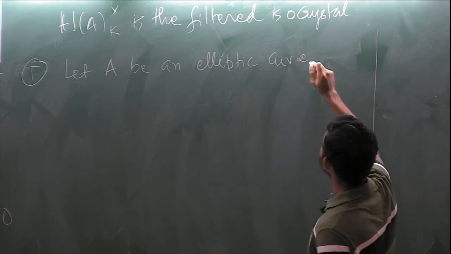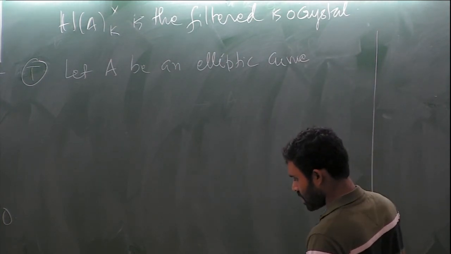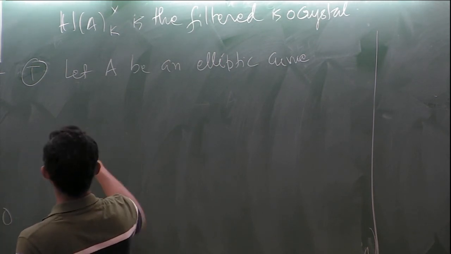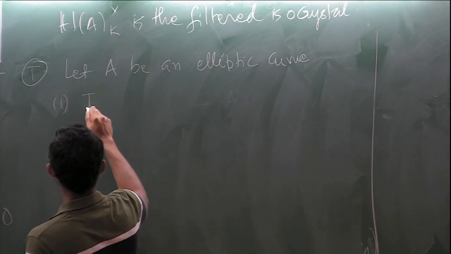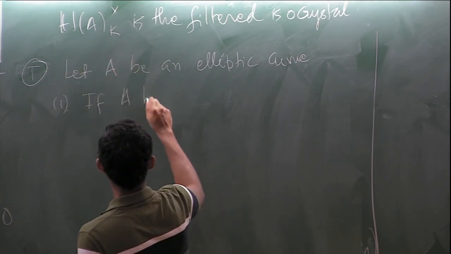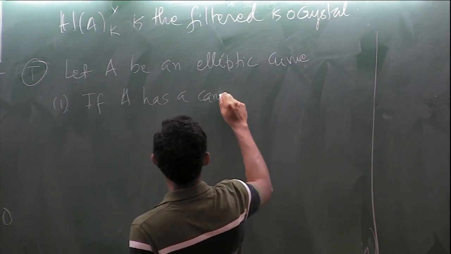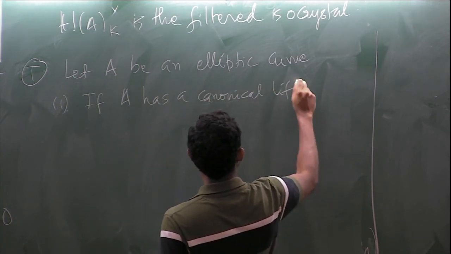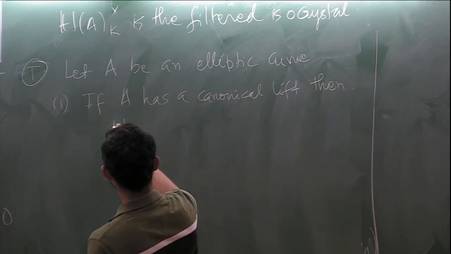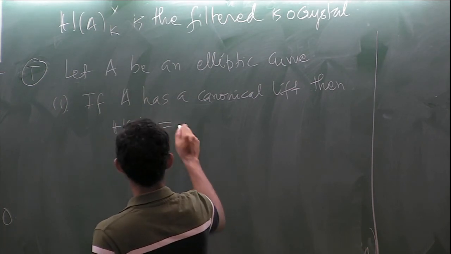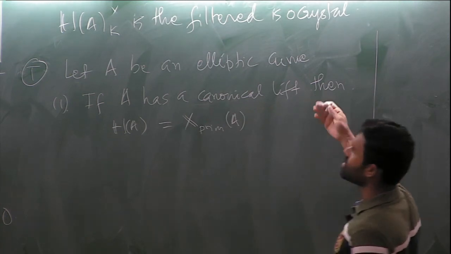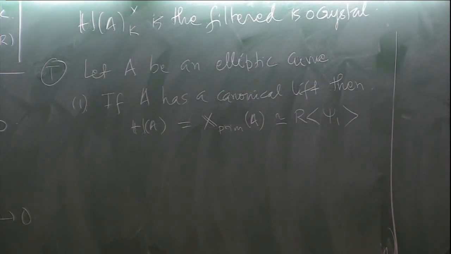So in the case of an elliptic curve, one can actually figure out the structure fairly easily. So if A has a canonical lift, which means it has a delta, 5 minutes, right?